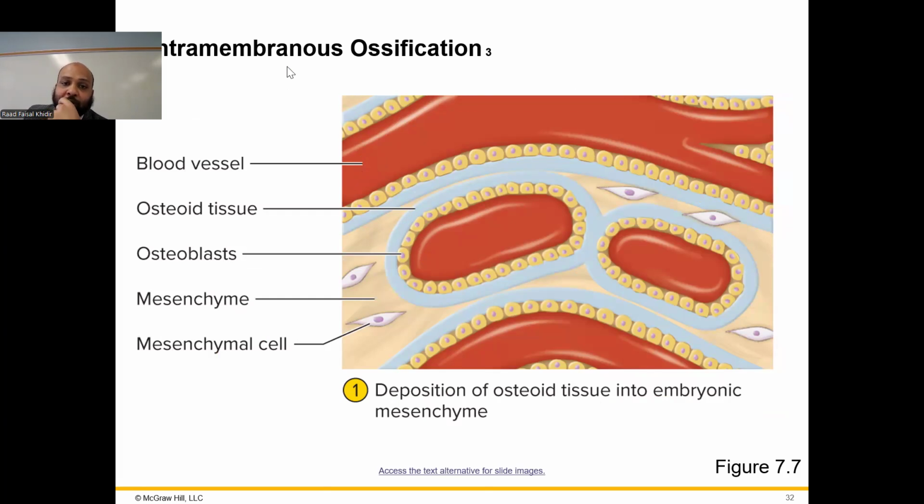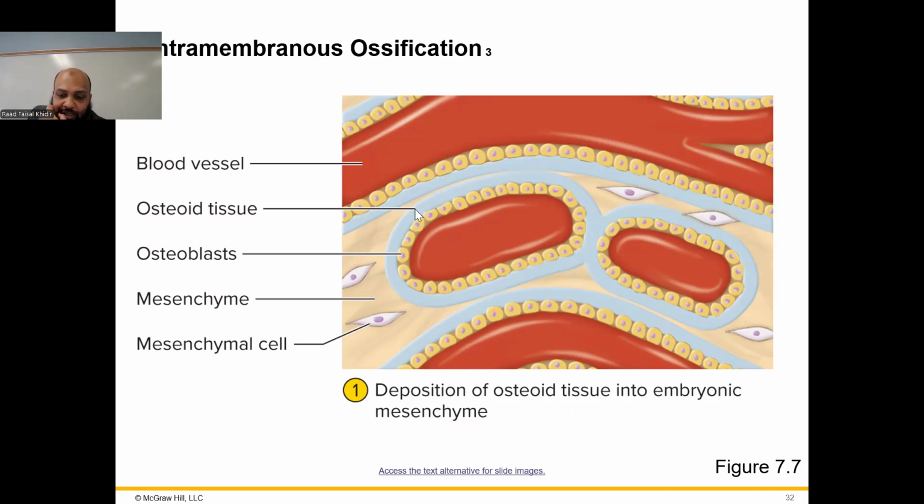This is really important. How does intramembranous ossification unfold? The first step is you need that matter. You need that dough that you're going to cook into a cookie or pancake or cake. That is the osteoid matter, the osteoid gooey liquid that's going to harden up later, deposited into the embryonic mesenchyme.